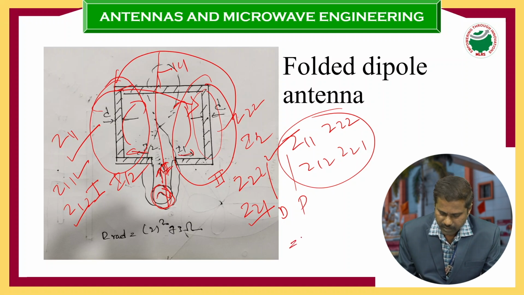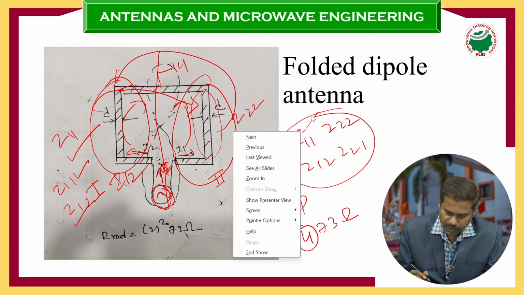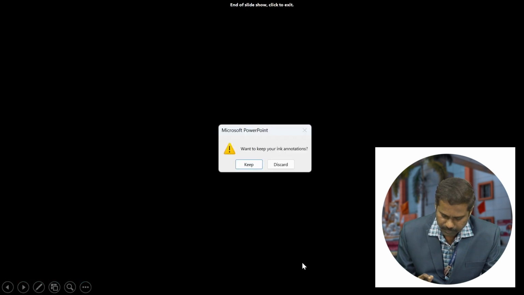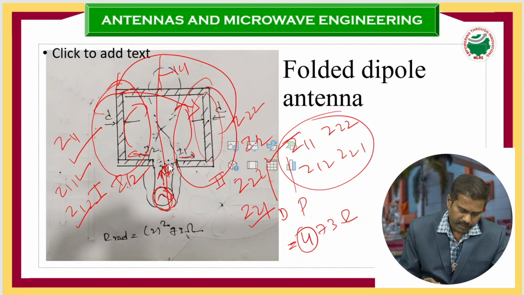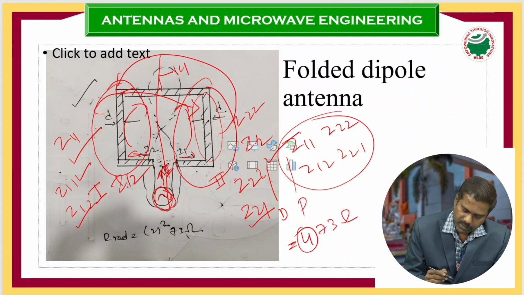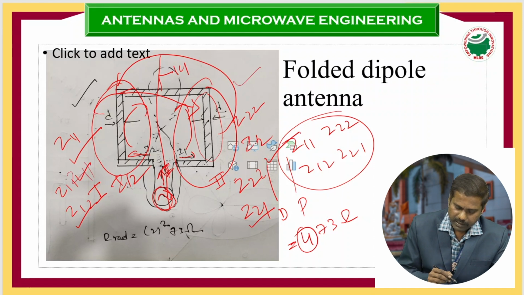So at last, the radiation resistance is calculated as 4 times 73 ohms. 4 means 2 mutual and 2 self, that means 2 squared. Here Z11 is the self-impedance of the first one, Z22 is the self-impedance of the second one, Z12 is the mutual impedance due to the second one for the first one, and Z21 is the mutual impedance due to the first one for the second antenna.